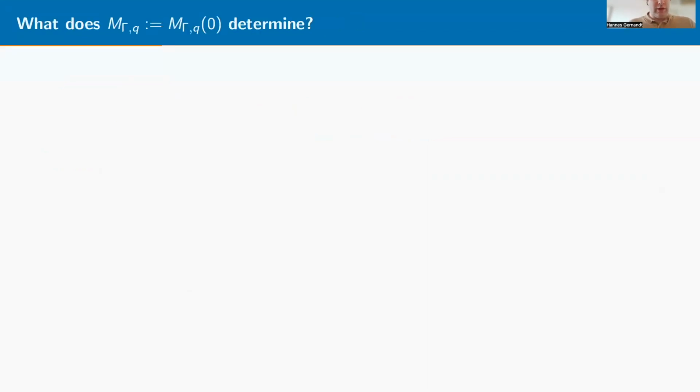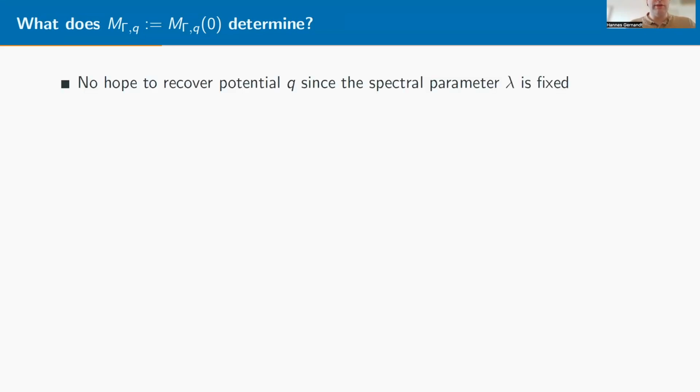Now I will motivate a little bit what was our research question of the paper I will present today. If we now neglect this dependence on a spectral parameter and go for one particular spectral value, in particular lambda equal to 0, we can ask the question, what can be determined from this Dirichlet-Neumann matrix for one particular spectral parameter?